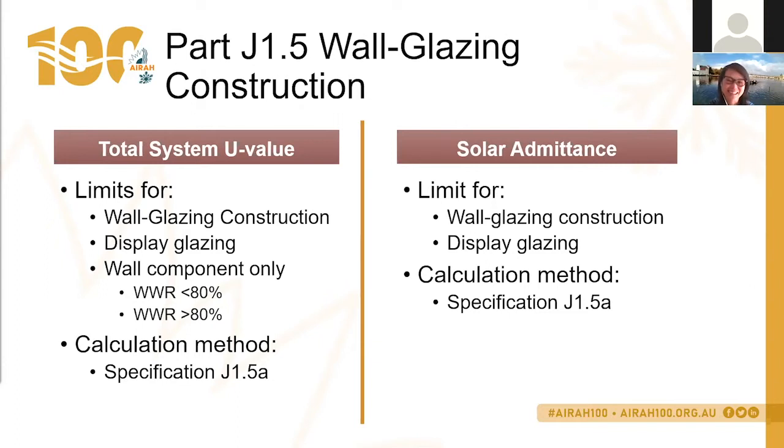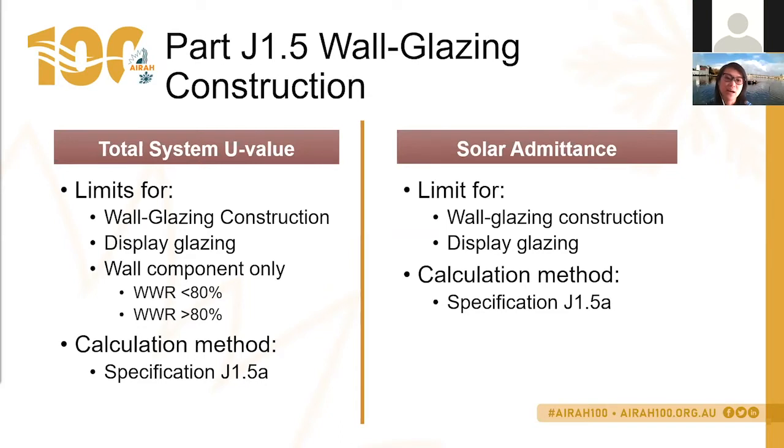If at least 80% of your facade is wall, then the R value requirements, the resistance to heat transfer for that assembly, are higher compared to if you had more glazing than opaque wall. There are specific calculation methods referred to in Specification J1.5a.